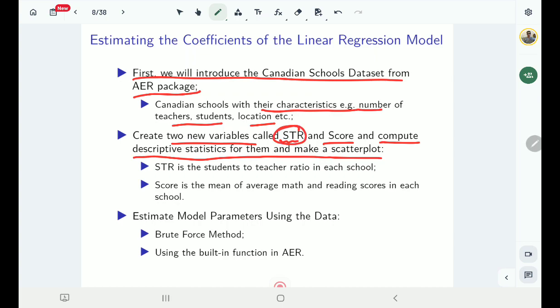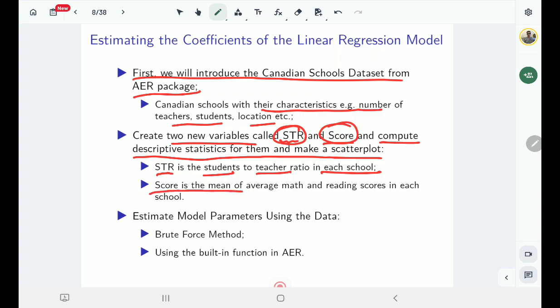The STR in the context of the Canadian schools is going to be computed from the real data, not from an arbitrary sample. So what is STR? We define STR as the number of students divided by the number of teachers in each school of Canada that we have sampled.